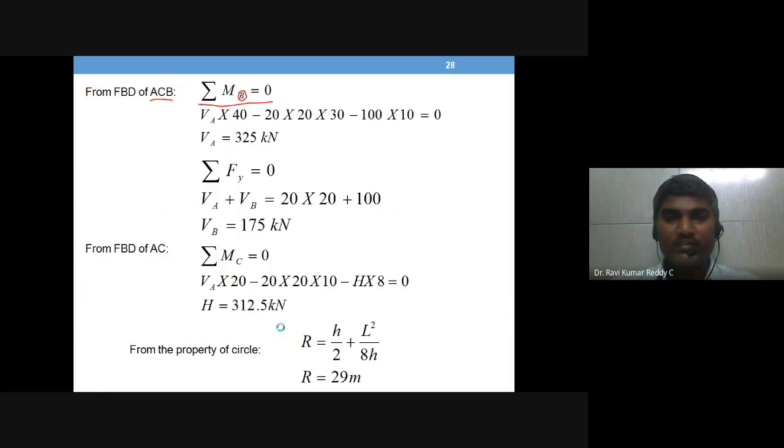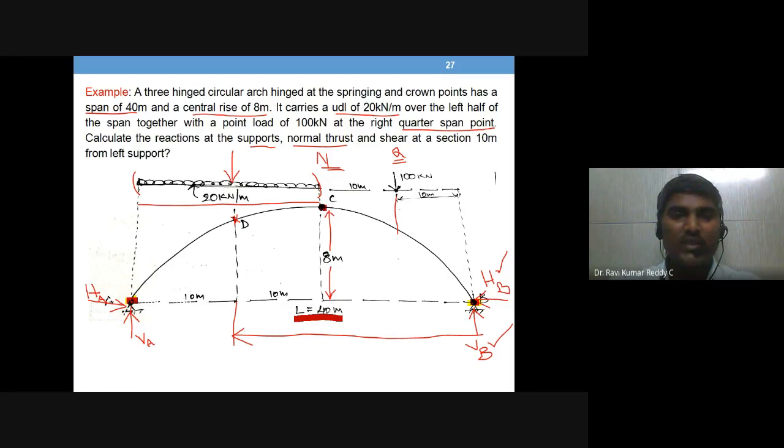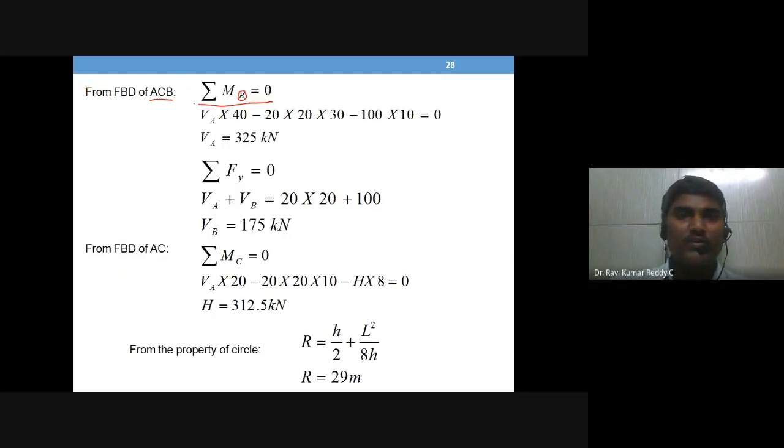So likewise, why we write plus and minus is so that you can apply some sign convention. I have written plus for VA into 40, which means I am taking clockwise as positive. It's your wish, whatever notation I have followed, you can mention it here.